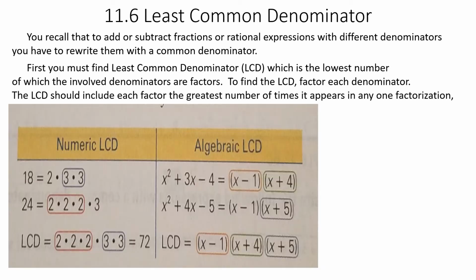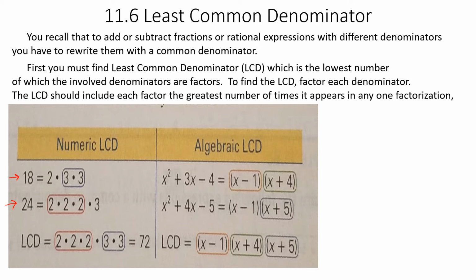So for example, numerically, if we're looking at the numbers 18 and 24 and I wanted you to find the LCD of 18 and 24, you do the prime factorization tree of 18 and 24, which they've done. They've got 2 times 3 times 3 and 2 times 2 times 2 times 3. So they factored everything. In order to find the LCD, first you look at the factors.